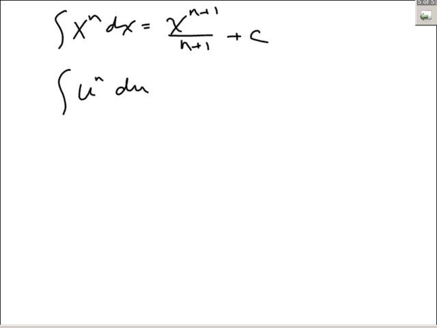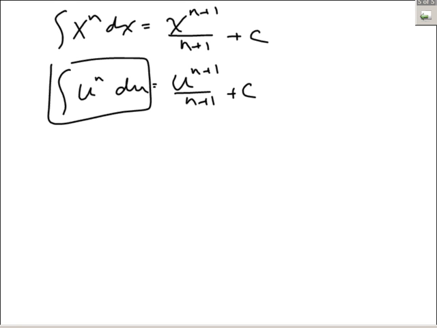If the integral of x to the n dx is equal to x to the n plus 1 over n plus 1 plus c, if instead of x, I put u, then I'll get u to the n plus 1 over n plus 1 plus c. And this is the form we want to write our integrals in when we're doing u substitution.